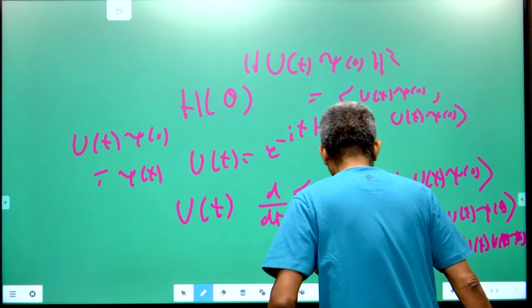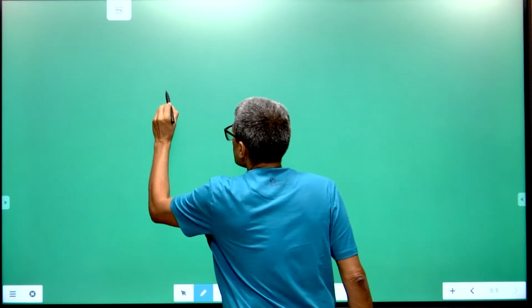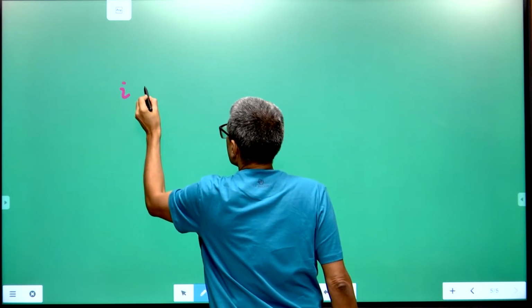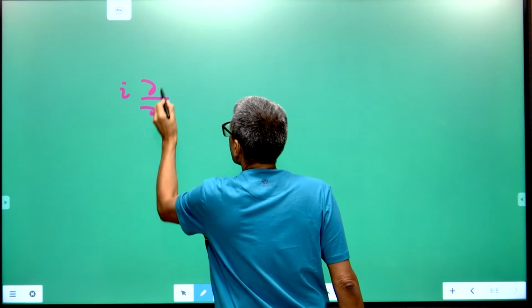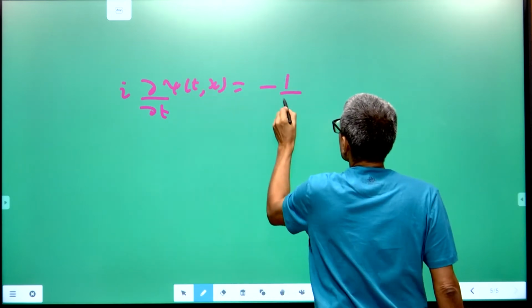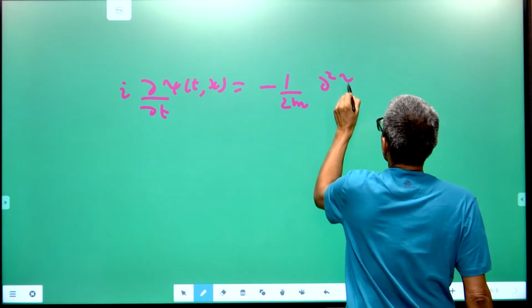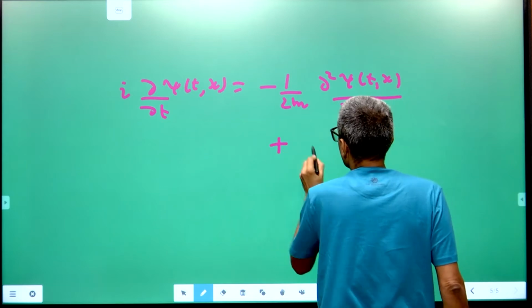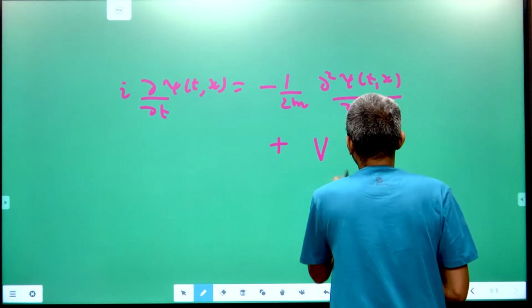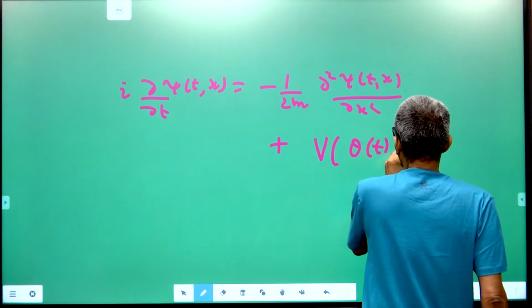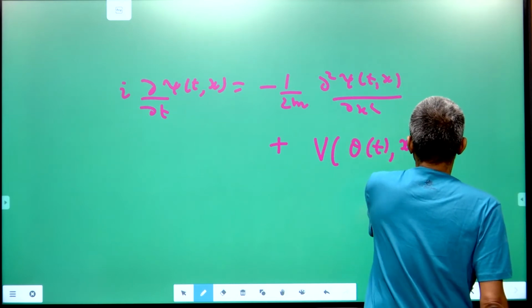So, if you want to design it practically, you will use, let us say, a Schrodinger equation for one particle with Planck's constant as 1, that gives you dou by dou t of psi t x equals minus 1 by 2m dou square psi t x by dou x square plus V depending on theta t and x into psi t x.